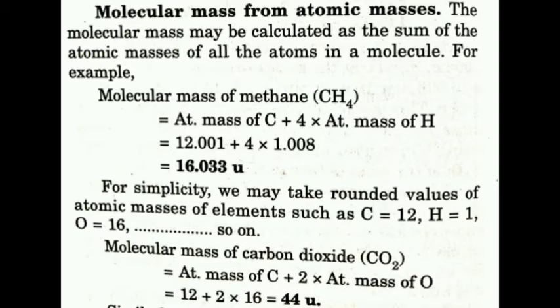Now let's take some other examples. Take the example of carbon dioxide. The formula of carbon dioxide is CO2. So the molecular mass of carbon dioxide is equal to the atomic mass of carbon plus 2 times the atomic mass of oxygen. So this will become 12 plus 2 × 16, which is 44 U. Now we can take another example.